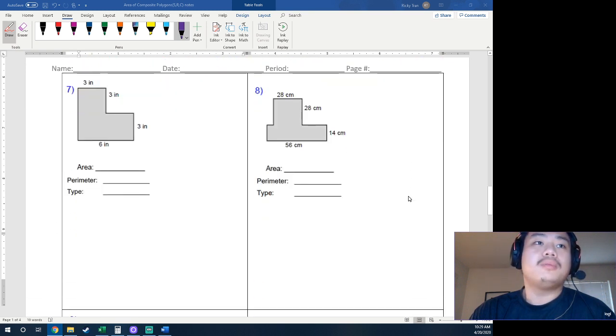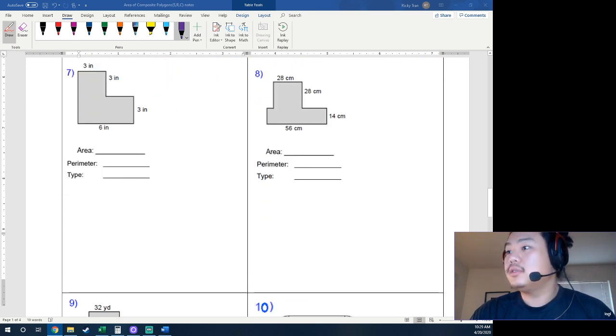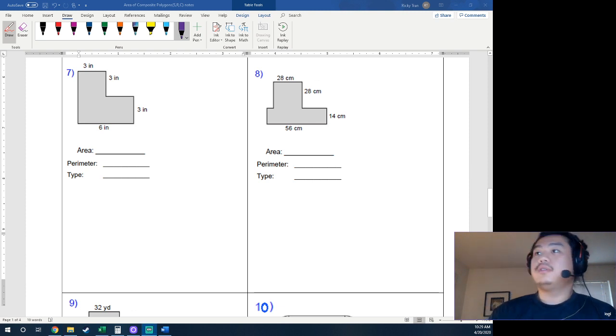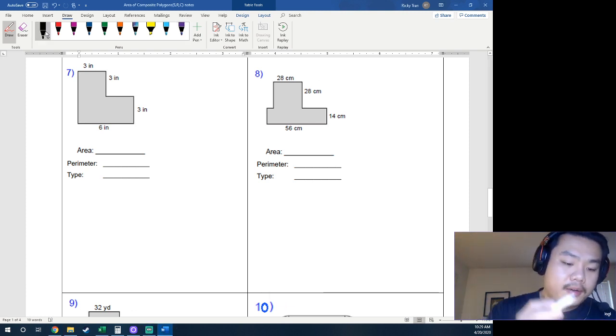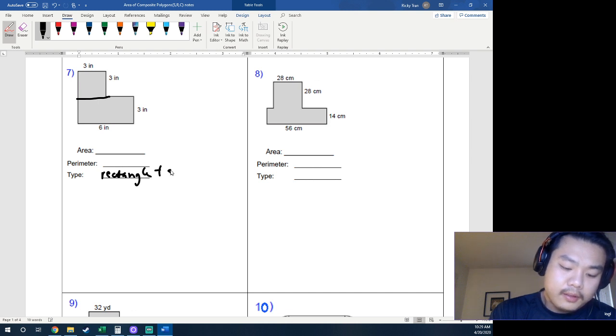All right, number 7. Again, we're just going to focus mainly on area. So we have a rectangle plus a square. First one is the square, so 3 times 3 is just 9. And then the rectangle, this is easier numbers, so it's just 18.